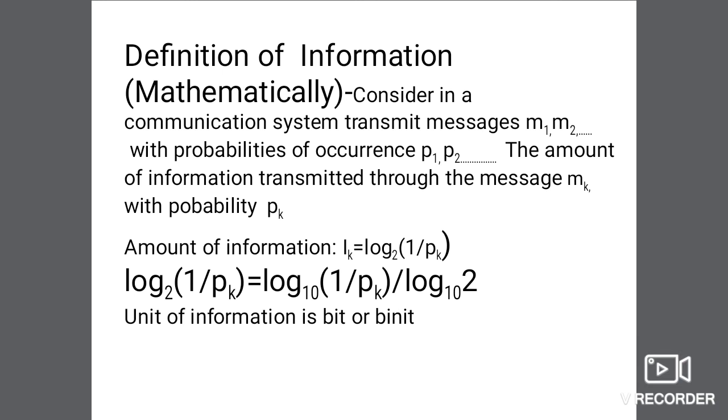So we simply divide by log base 10 of 2 every time. We calculate the amount of information through this formula. The unit of information is the bit, meaning binary digit. We measure the amount of information Ik in bits.